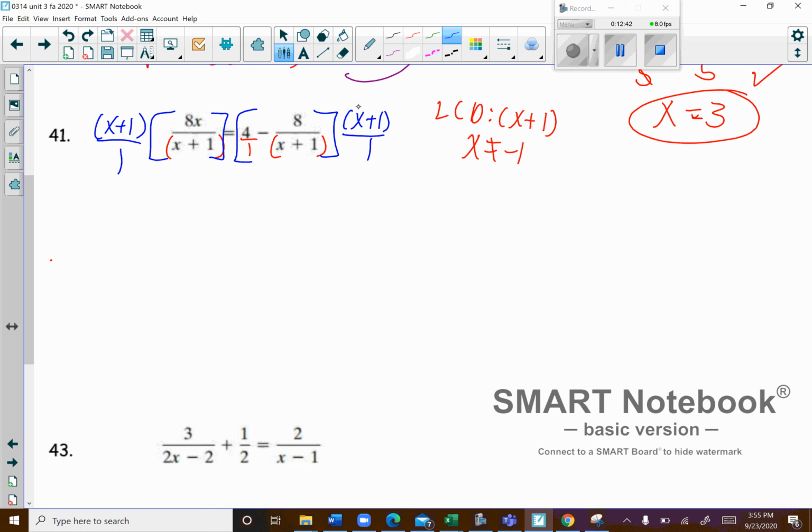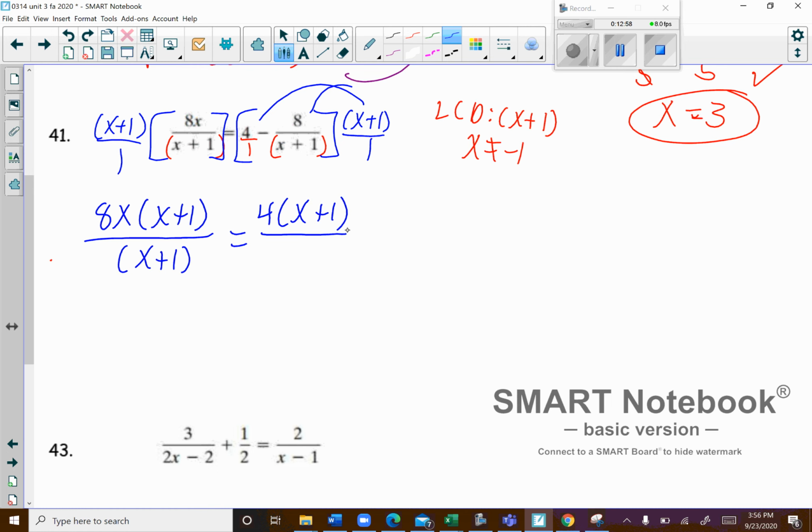And then on the right side, I've got to make sure I distribute it to both parts. So I'm going to have an 8x times an x plus 1 all over x plus 1 equals 4 times x plus 1 all over 1 minus 8 times x plus 1 all over x plus 1.